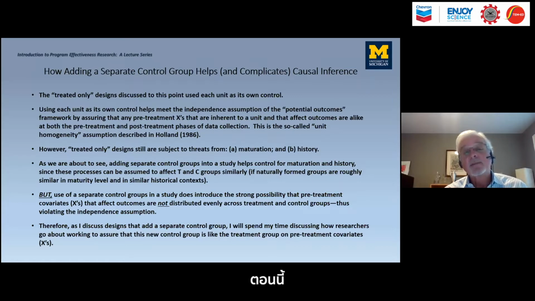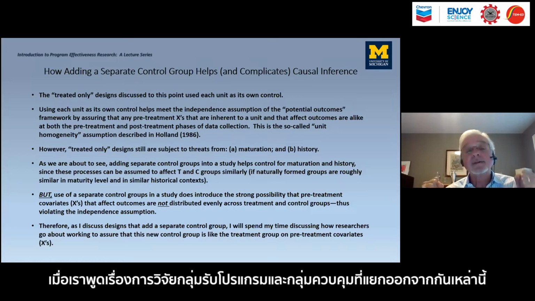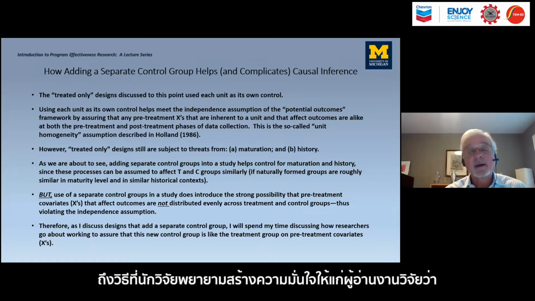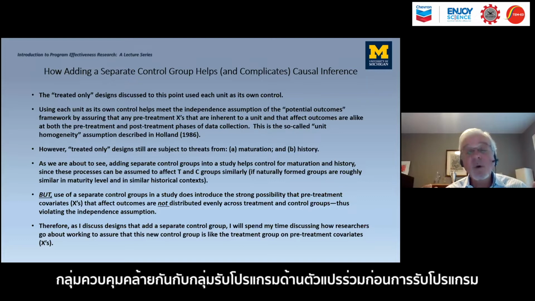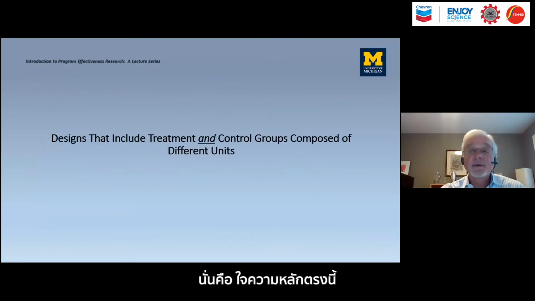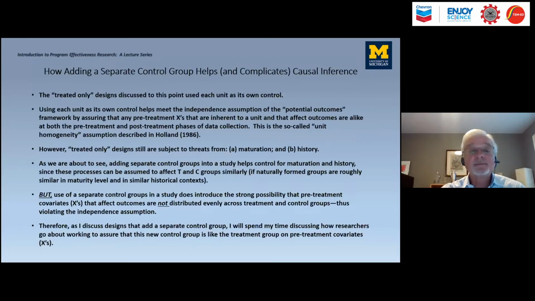So the point now, when we discuss these separate treatment and control group studies, is to think very carefully about how researchers go about trying to assure their audience that the control group is like the treatment group on pre-treatment covariates. So that's the main idea here.